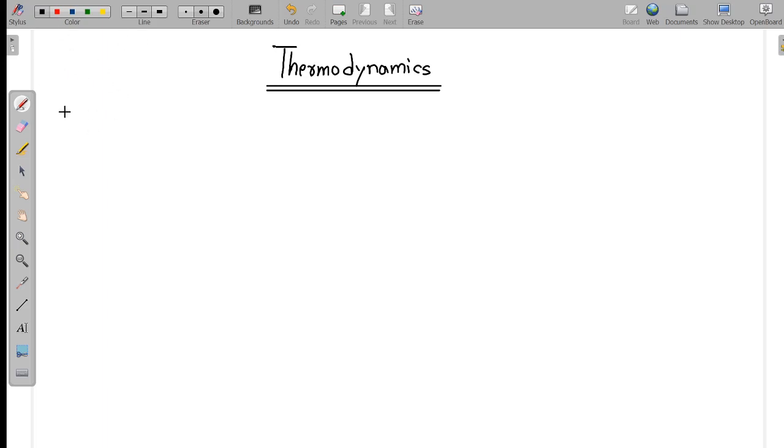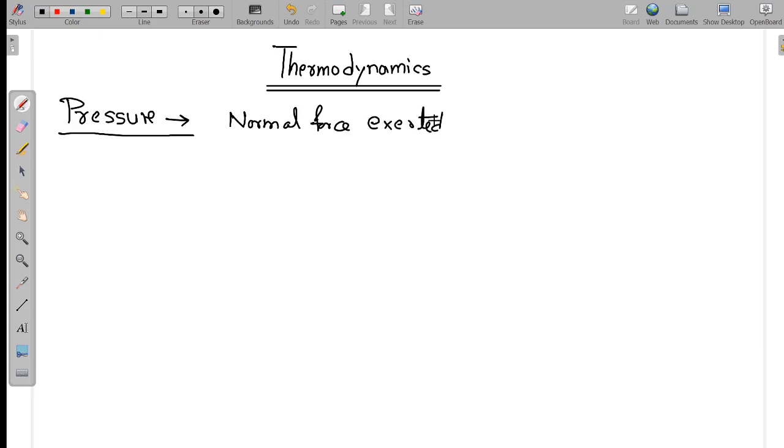What do you mean by pressure? So in simple definition, pressure is the normal force exerted by a fluid per unit area.